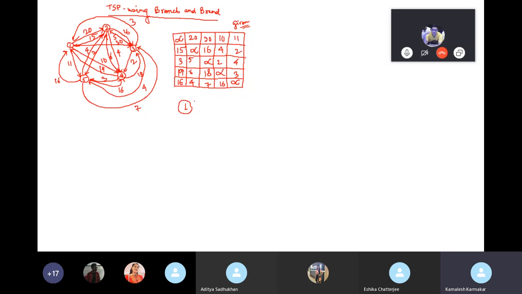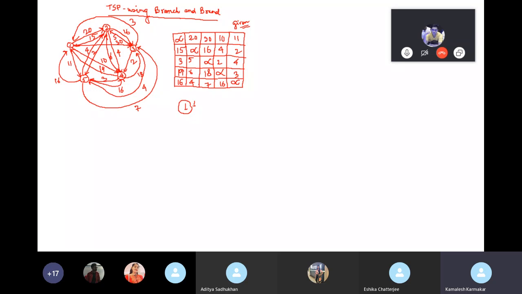If we start from vertex 1, how will this cost be determined? We have to reduce this matrix. How to reduce it? You have to calculate the minimum value from each and every row and each and every column.